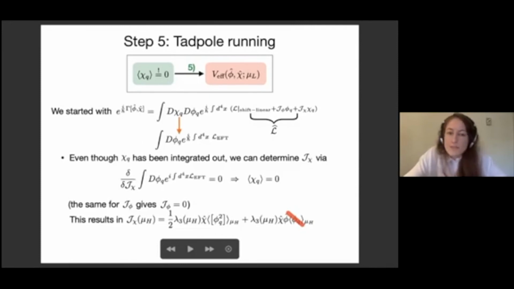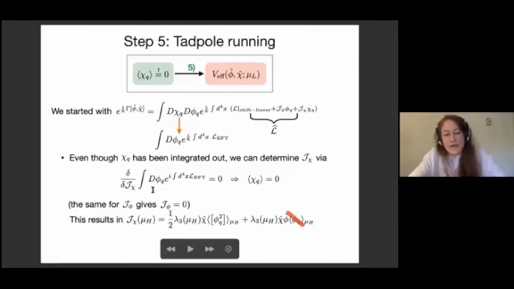And the simple statement is that even though chi quantum has been integrated out in the EFT, we can still determine the curly J chi source at the heavy scale just by doing the functional variation of this EFT path integral with respect to curly J chi, because it just explicitly appears here in the path integral.